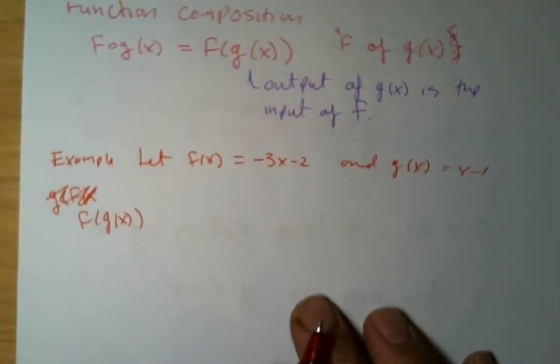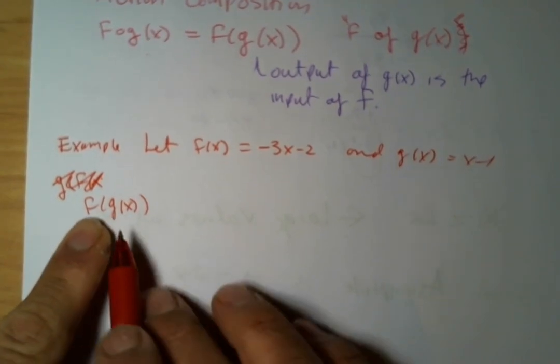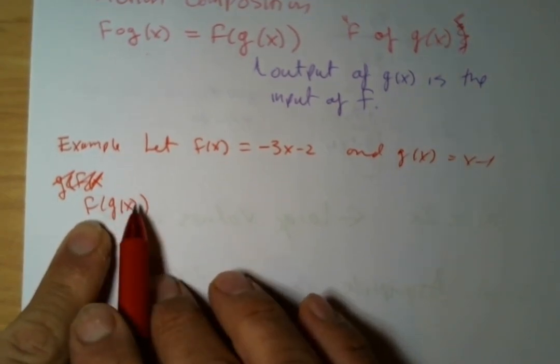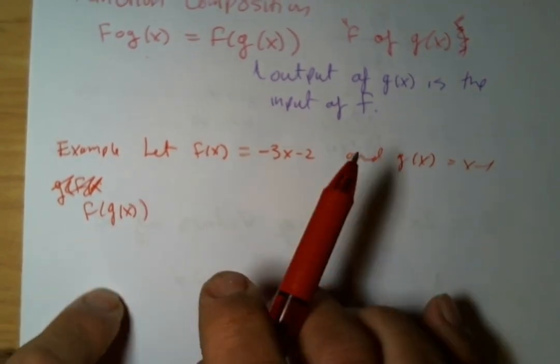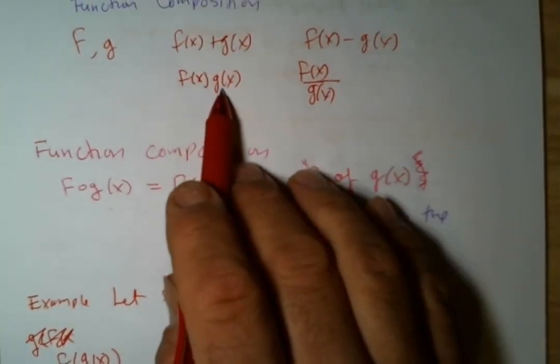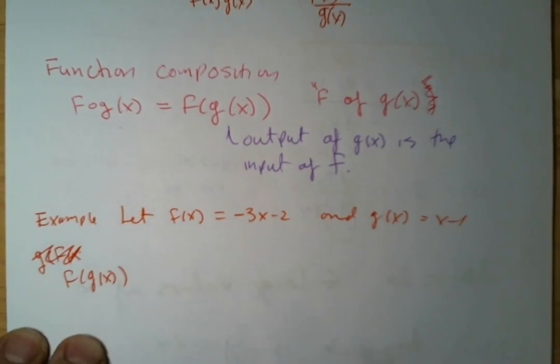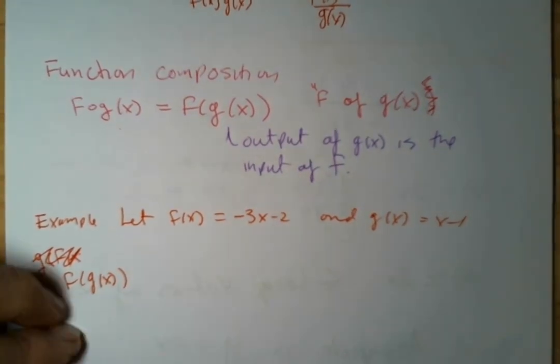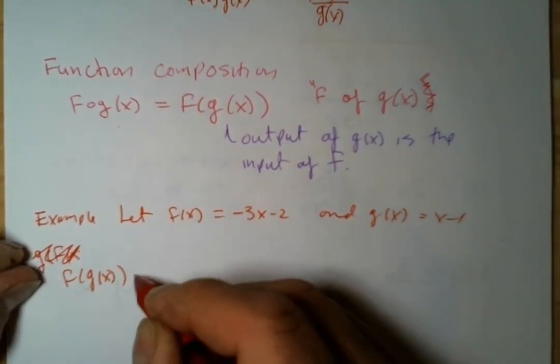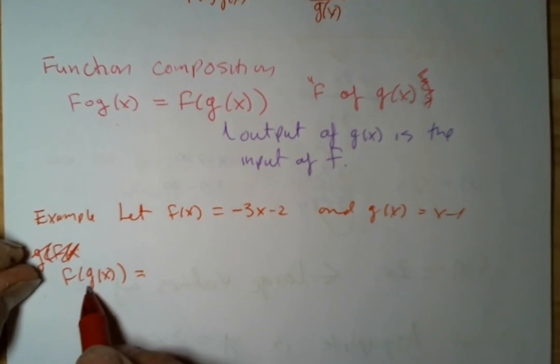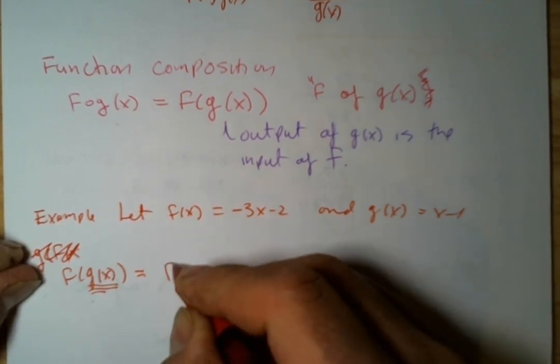The way you would do this is, again, we're not multiplying. So resist the urge to multiply them. That is incorrect. This is not multiplication. This is a brand new operation that we're defining specific for functions. The way you would interpret this is really substitution. There are going to be two substitutions. The first one being, let me substitute g of x.